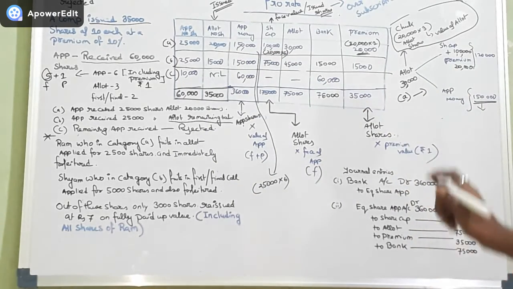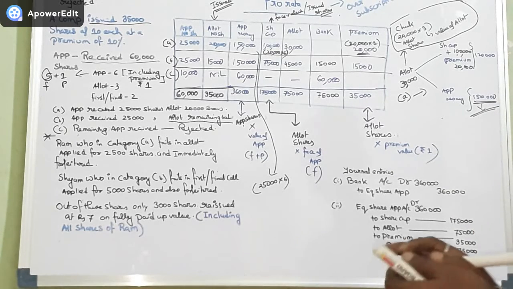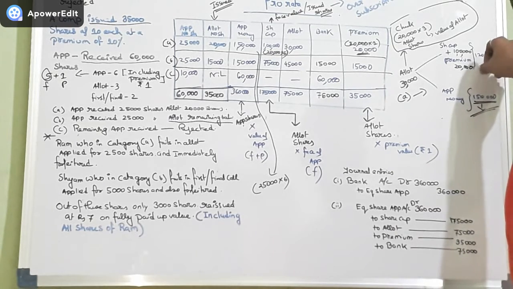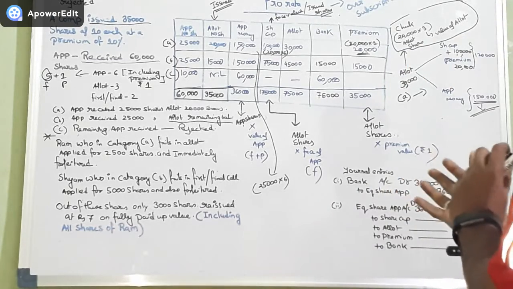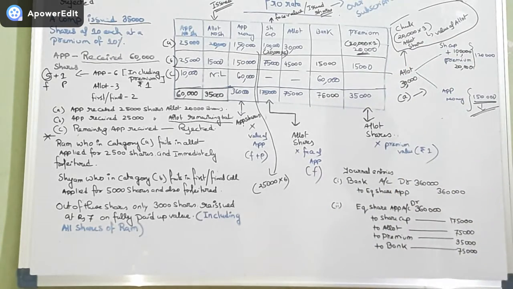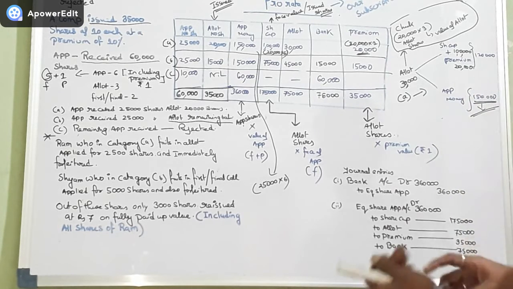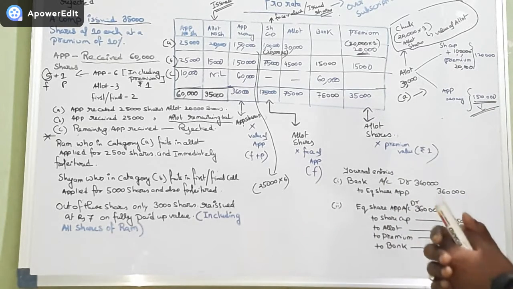But I can convert into share capital along with premium only 1,20,000. I have received the application of 1,50,000 and it can be converted up to a value of share of 1,20,000. So I have got the excess of 30,000.